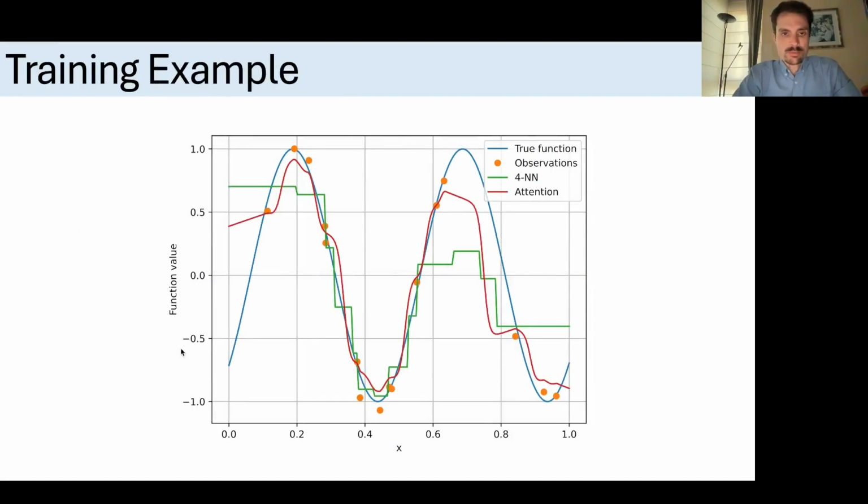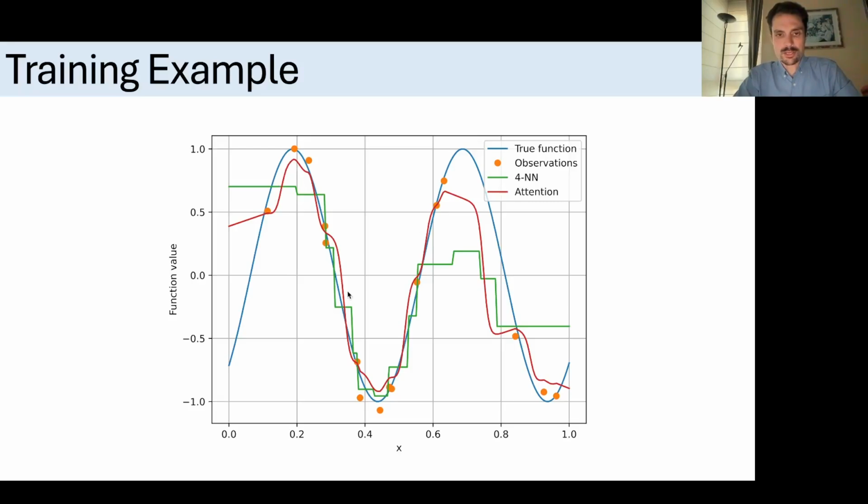And this is an example of estimation using this attention operator with the translation invariance modification that I described. Here the true function is a sinusoid, and the observations are these dots here. We see in green the 4 nearest neighbors estimator, a KNN with k equals 4.